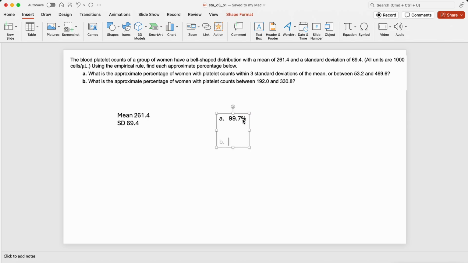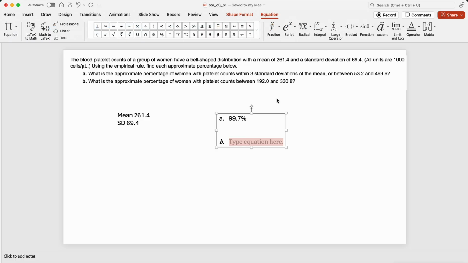Now for part B, that's the trickier part because we're going to have to calculate some z-scores. So we're going to calculate my first z-score, which is 192, my data value, minus the mean of 261.4, and divided by 69.4.